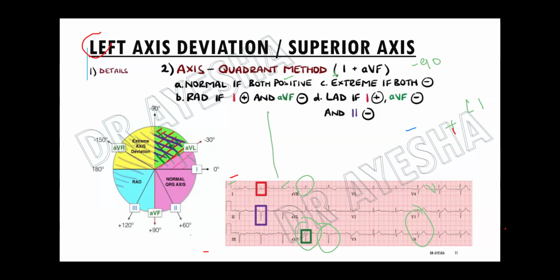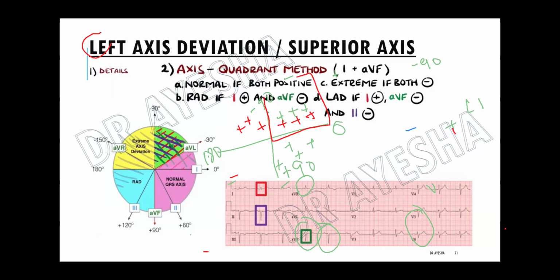AVF, if you make a circle like this, let's say 0 degree, 180 degree, plus 90 and minus 90. If your lead one is positive, that means you are somewhere here and there. But if your AVF is negative, that means you are on the upward side. Now you have seen that this is the intersecting quadrant.